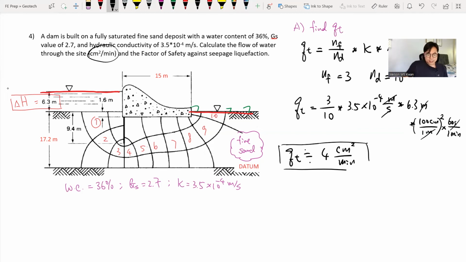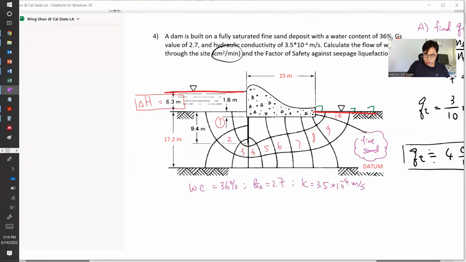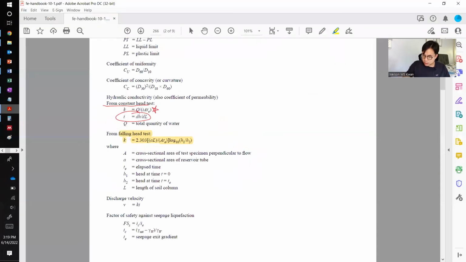Okay, next we are asked what is the factor of safety against seepage liquefaction. When we see those keywords, we go back to our FE manual, and we find these equations right here. So those are the equations that we will use.